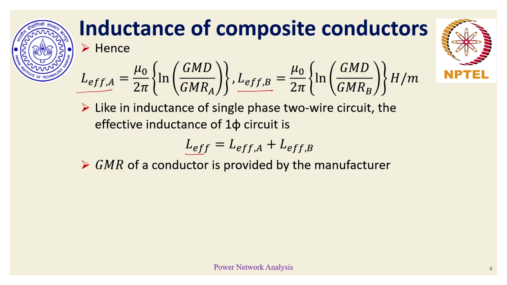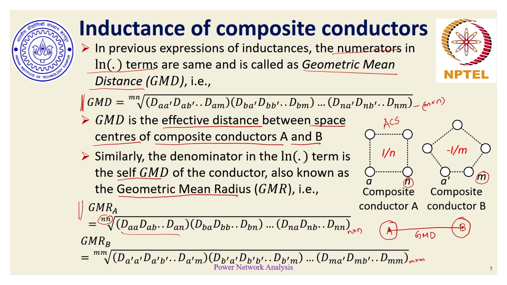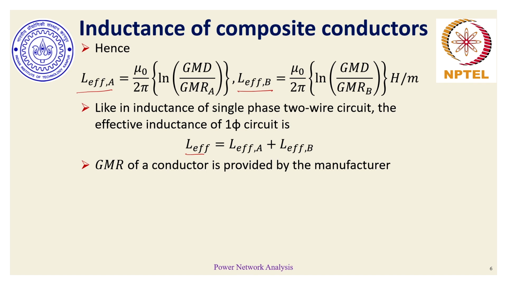The beauty here is that since these conductors are manufactured by some manufacturer, the manufacturer very well knows what type of ACSR conductor this is going to be, how many steel strands are present in the center, how many aluminum conductors are present over the steel strands, what the individual radii of these strands are, and what the center spacings between these strands are. So when they supply these transmission lines, the manufacturers provide a data sheet or a table in which the GMR of the conductor is defined or calculated by the manufacturer.